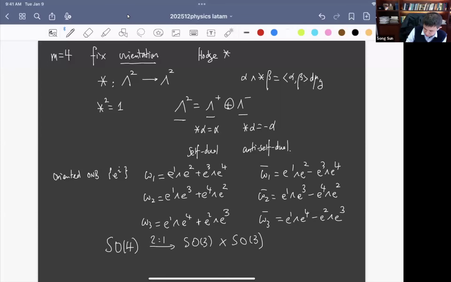The way to understand this is that any orthonormal transformation of the tangent space induces an orthonormal transformation of the bundle of two-forms, and it preserves each component. And each component is 3-dimensional. So you have this map, and you can show this map is surjective, and it's 2 to 1.